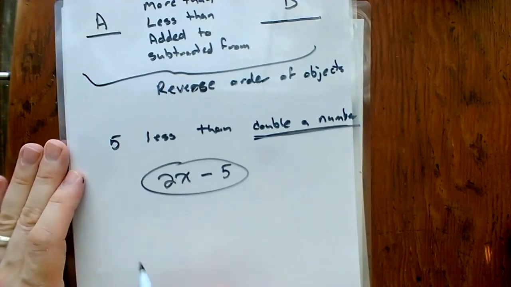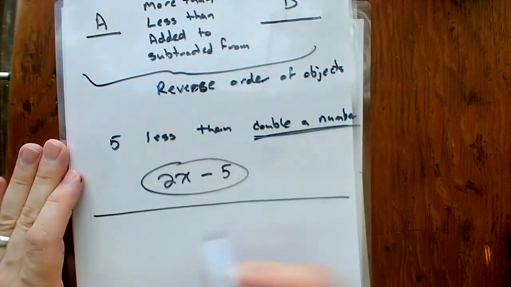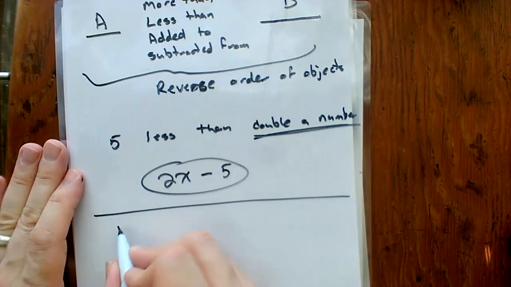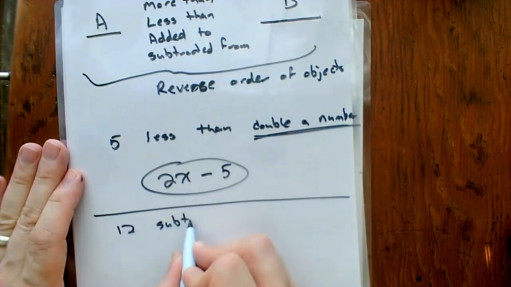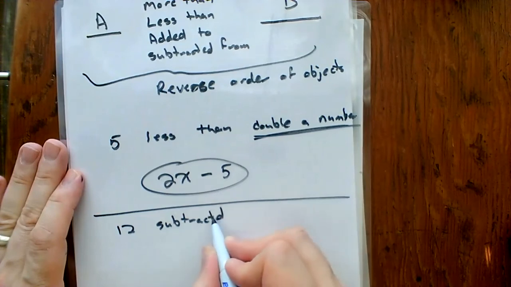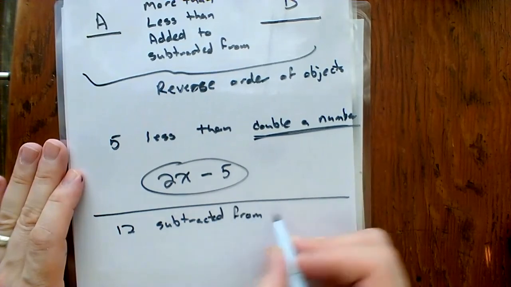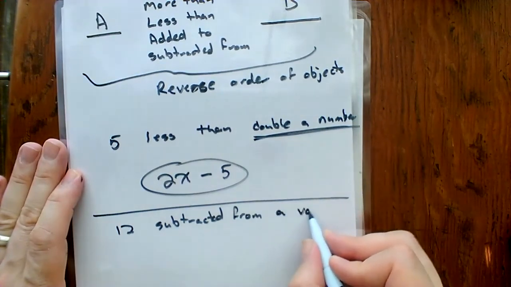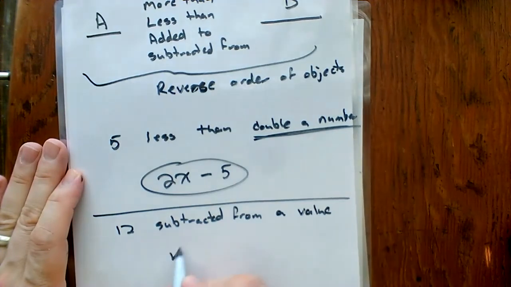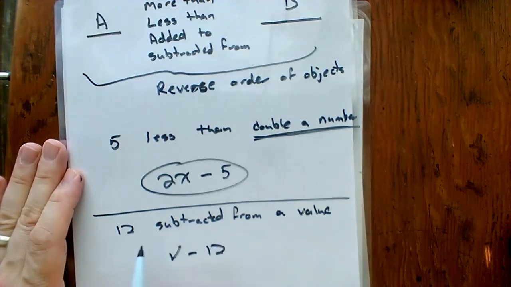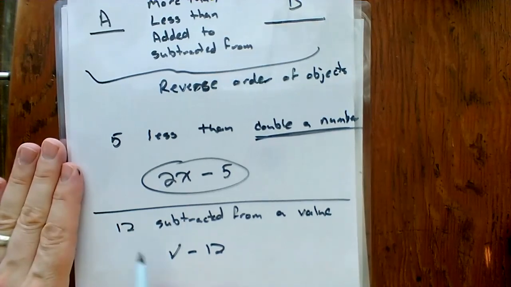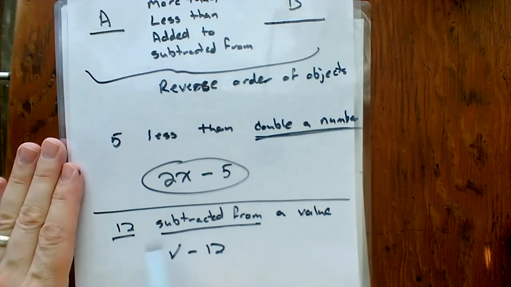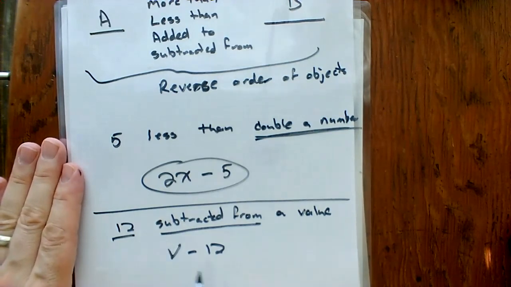If I were to say something like 12 subtracted from a value, I've got a value and I'm subtracting 12. So even though 12 shows up first here, it's going to be the last thing. I am subtracting 12 from this value. Well, v minus 12.